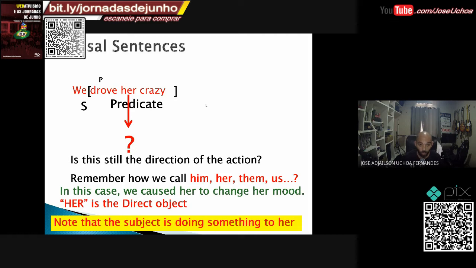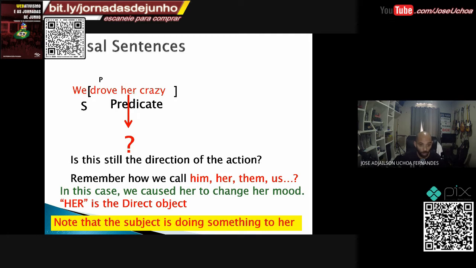We drove her crazy. We made him mad. Okay? So crazy and her is the same person. Crazy is going back to define her. So the function of crazy here is saying we caused her to be like this.